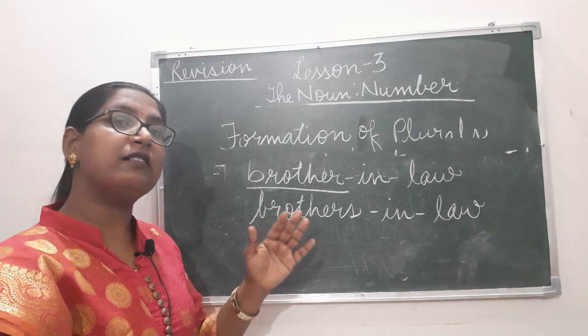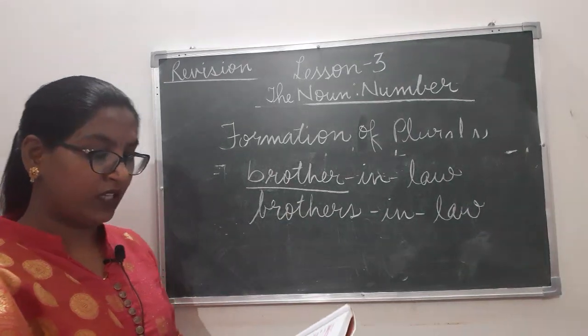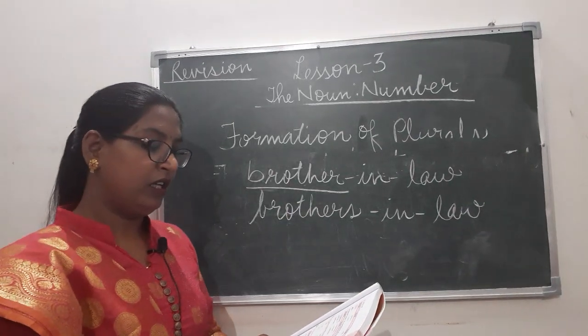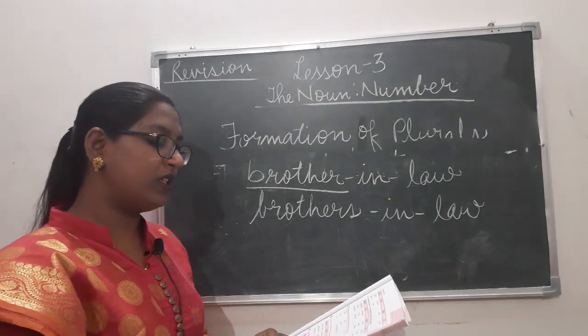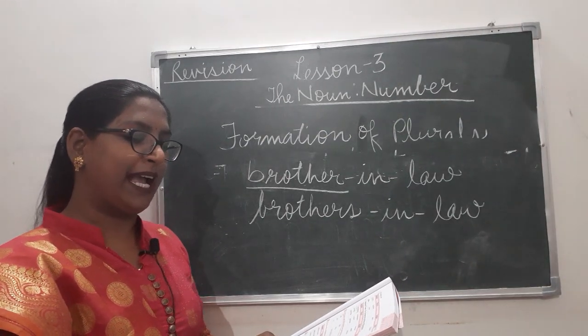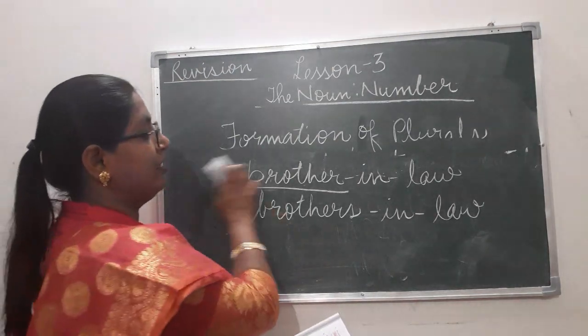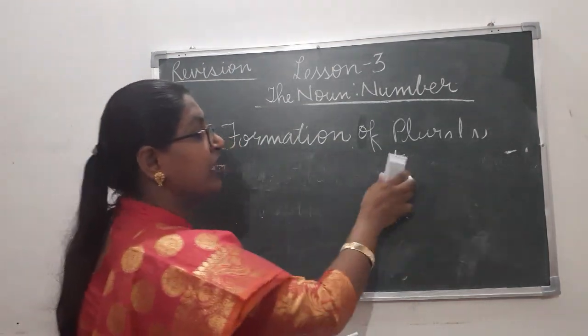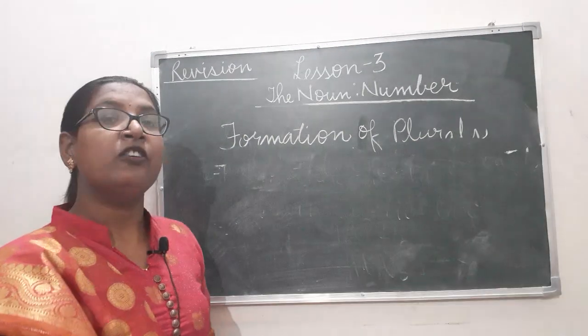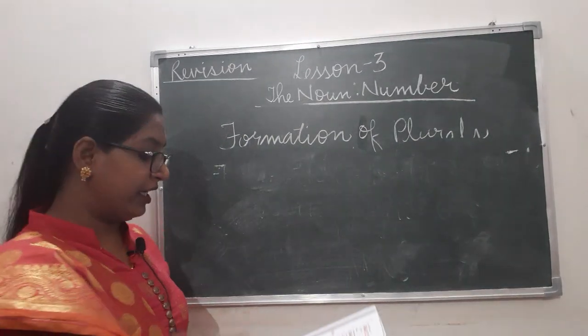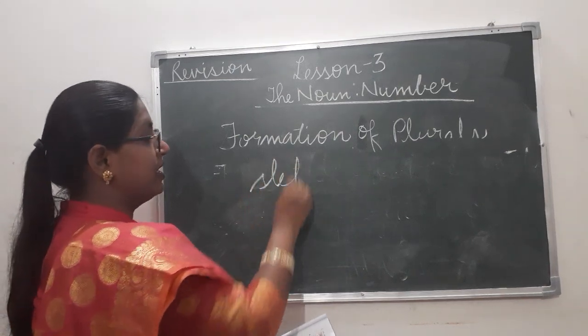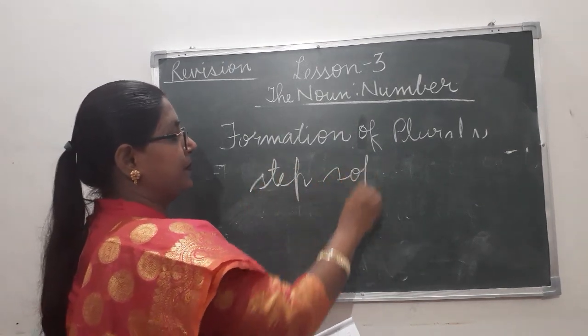commander-in-chief, commanders-in-chief. Now, the next rule is, in some of the compounds have plural by adding s to the last element, to the last part. In some of the compound nouns, we add s to the last part to make it plural in number. For example, stepson.